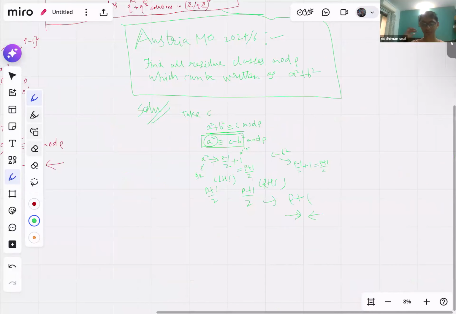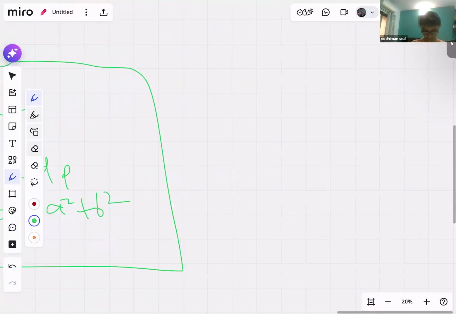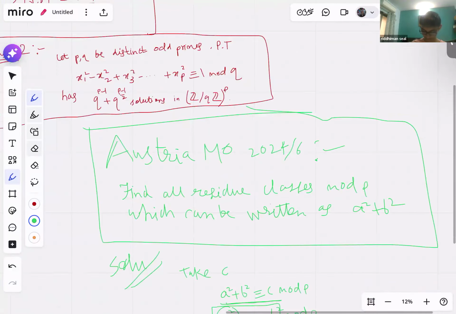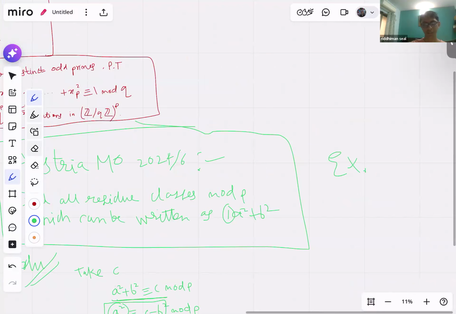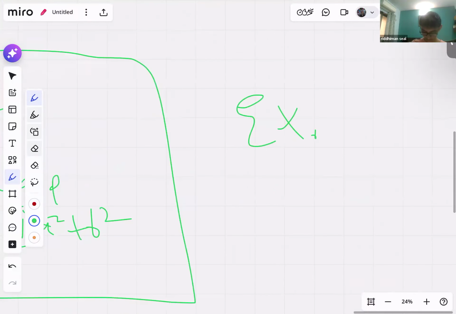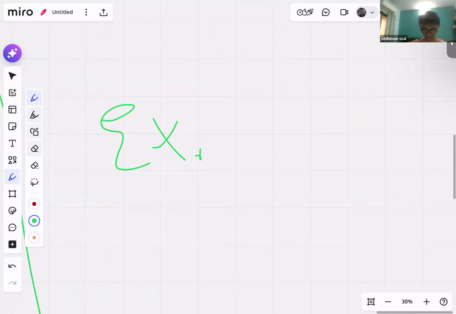Nice. So what we can do, we can just generalize this. The constant one here is a bit unnecessary. We can generalize this to showing that, and I will leave this as an exercise.